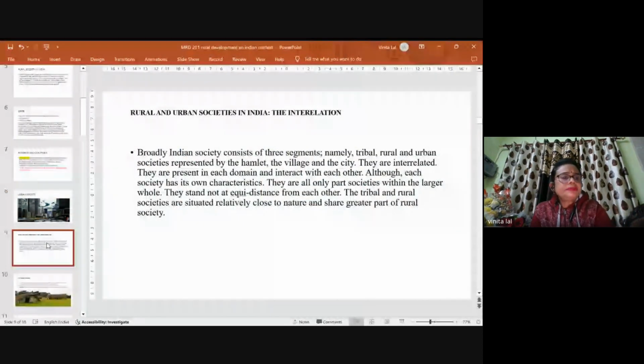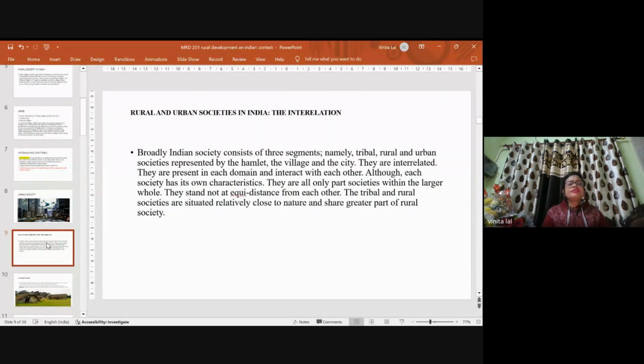Now let's come to the correlation, or interrelation, between urban and rural society. Urban areas rely on rural areas to meet their demand for food, water, wood, and other raw materials, which are basically products of rural ecosystem services.